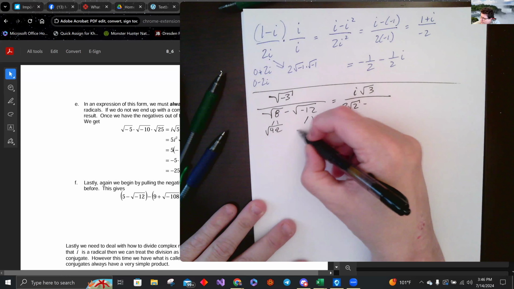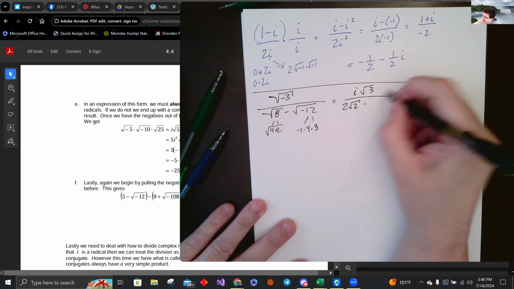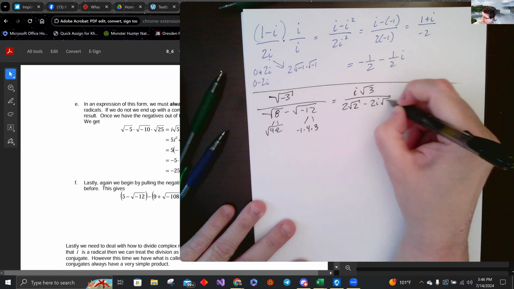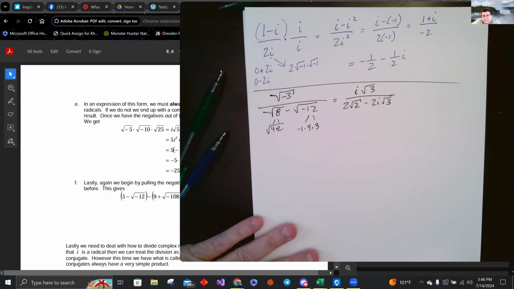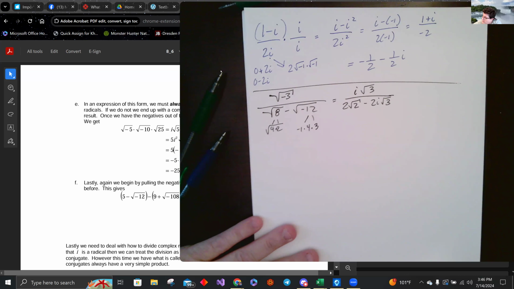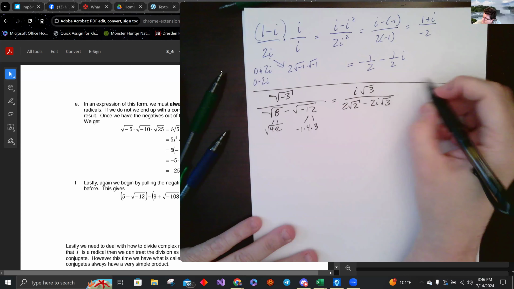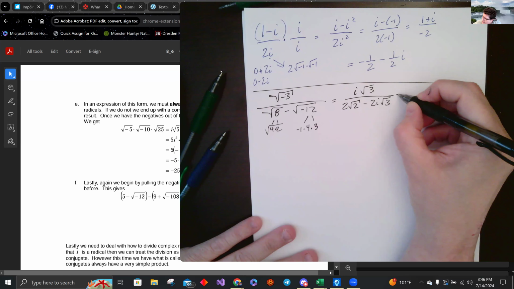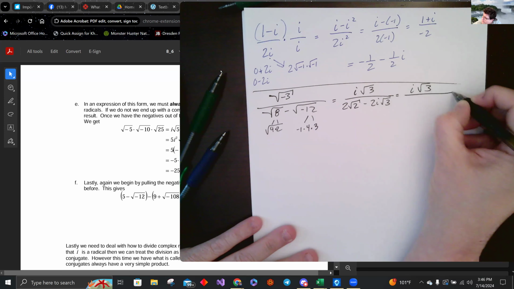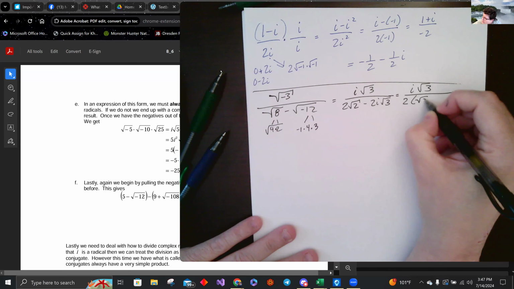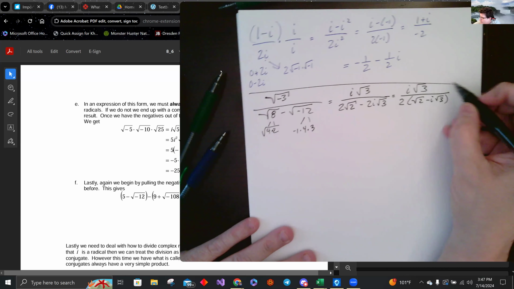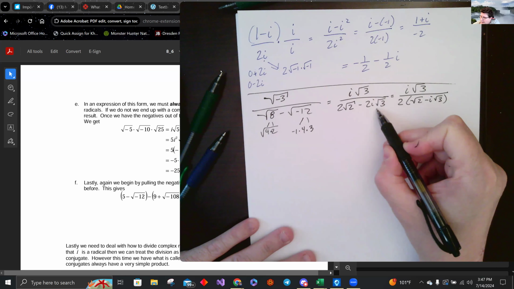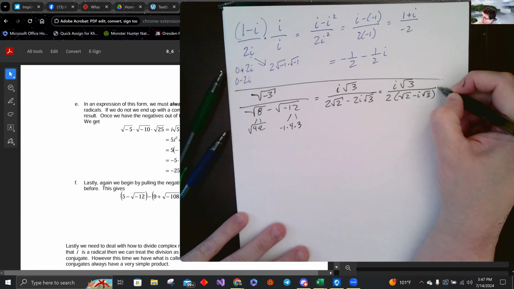Square root of negative 12 is negative 1 times 4 times 3, so I've got minus 2i root 3 here. And you know what? I'm going to factor out the 2. Because if I don't, when I multiply by the conjugate, I'm going to have some 2's to simplify, but I think maybe this way I won't.